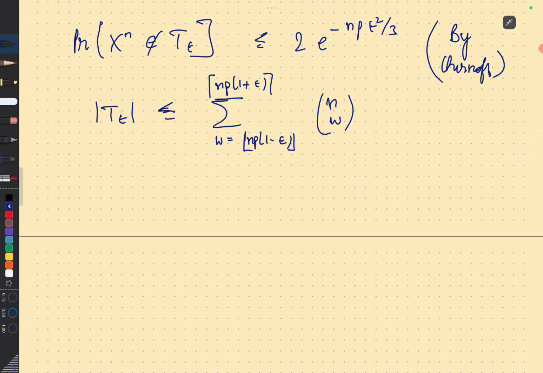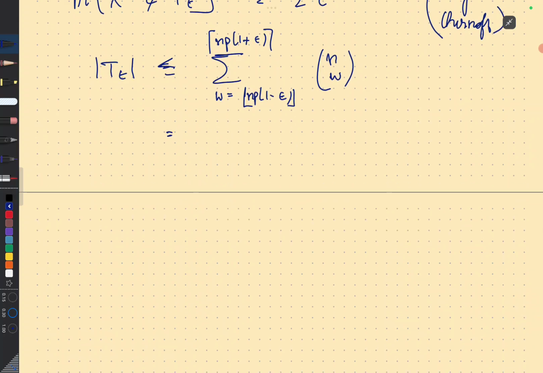So we'll assume that np into 1 plus epsilon is less than half, just by assuming that p is less than half and epsilon is very, very small, because that's what we are interested in. We want to get as close to entropy as possible, so we'll choose epsilon really, really small. Think about epsilon as 10 to the minus 3 or something like that.